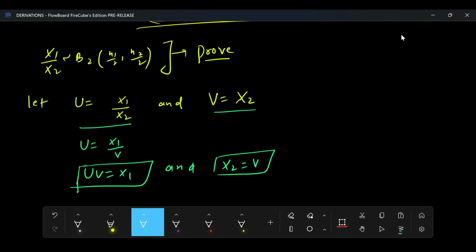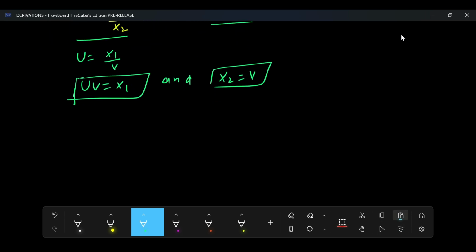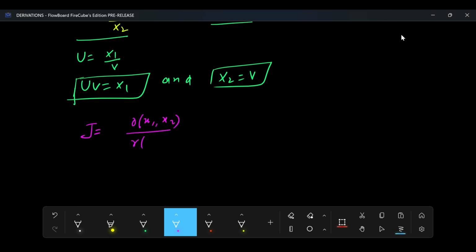Now to find the Jacobian, that is partial differentiation of x1 comma x2 with respect to u comma v. So this will be equal to the determinant with del x1 upon del u, del x2 upon del u, del x1 upon del v, del x2 upon del v.